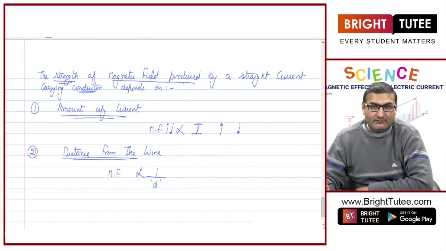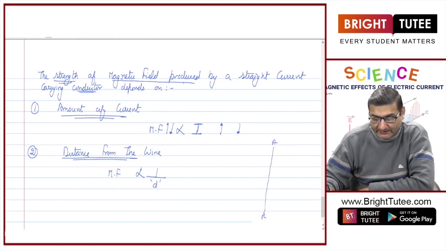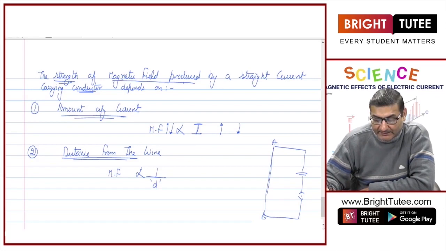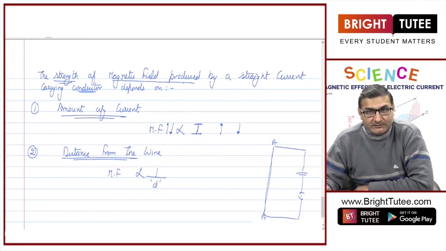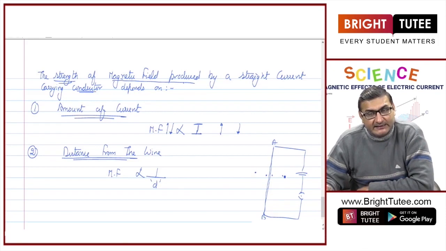This is what I have concluded based on the activity I performed: this was the wire AB that we have taken and connected with a cell and allowed the current to pass through it, and a magnetic field was produced. Now I am saying that the magnetic field is inversely proportional to the distance. The conclusion of this statement is that the nearer I put the magnetic compass, I will find a greater deflection, right? The farther I go, the deflection decreases.